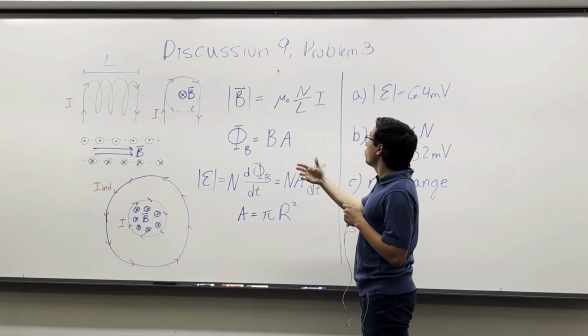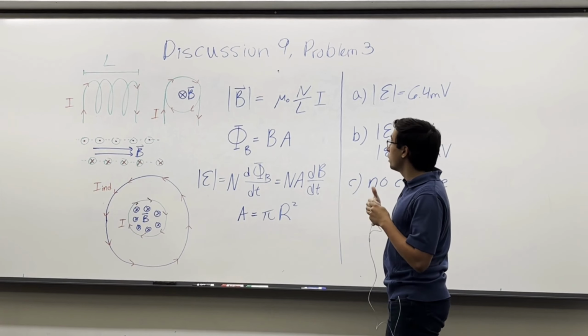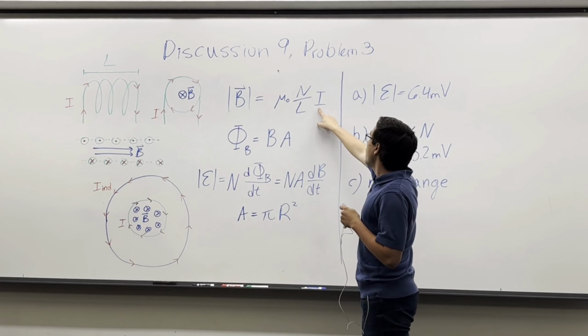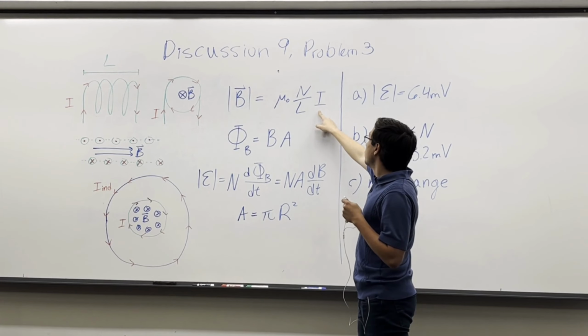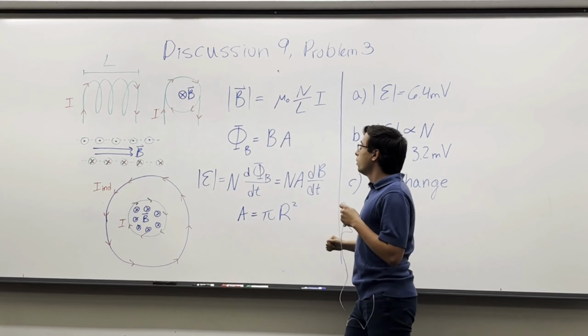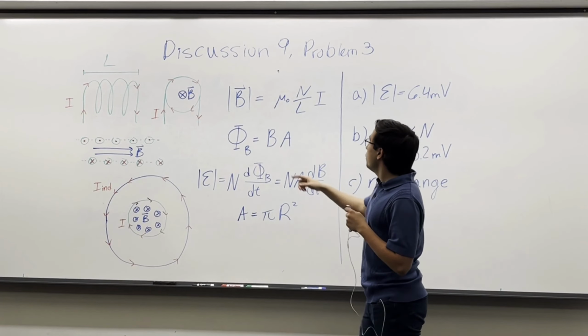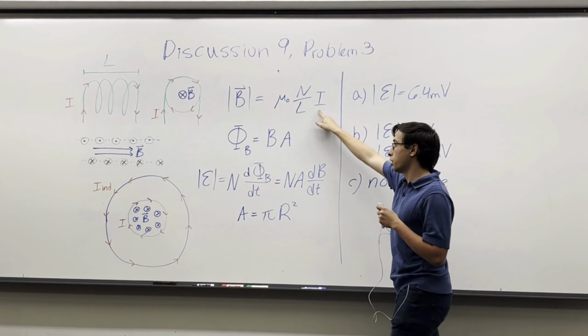If we have more coils per length, they're more densely packed and we get a bigger B field. I is the current flowing through the coil, and we should expect that a higher current through the coil gives us a higher B field. So this B field is changing because the current is changing.